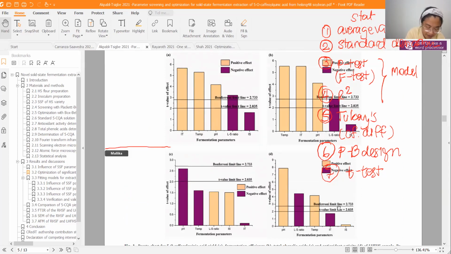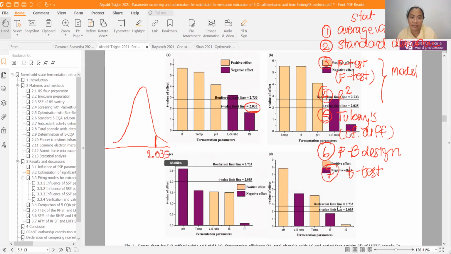Remember that if we have a t distribution, it seems like in this case, if they do one tail, the limiting value here is 2.035.